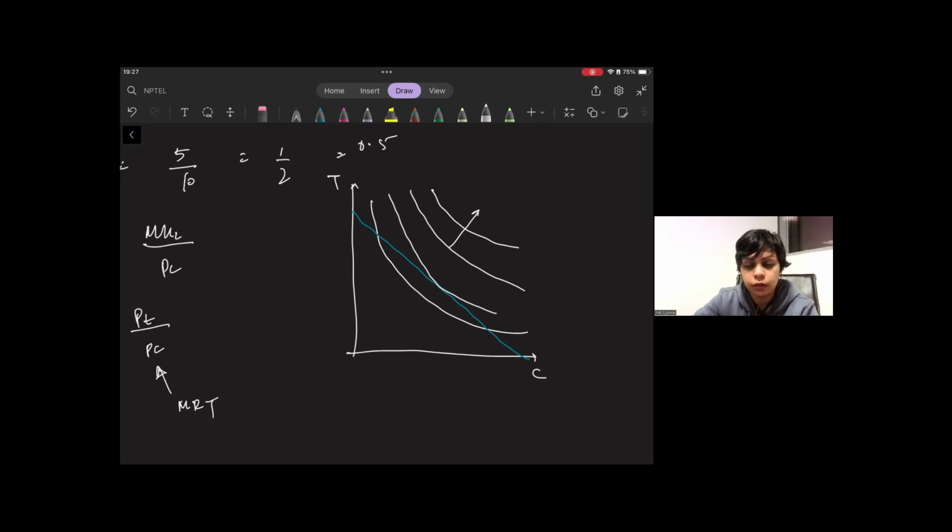Oops, I think my internet is... Okay, my internet got disconnected as I had warned in the beginning.